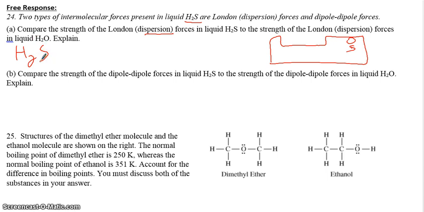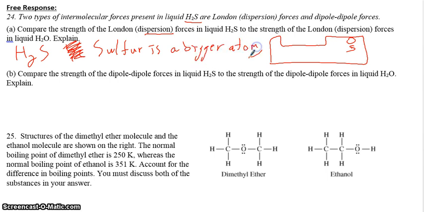You always want to give the answer they're asking for and then an explanation. For the AP exam, you don't even have to write "because." The rationale is sulfur is a bigger atom containing more electrons, making the molecule more polarizable.